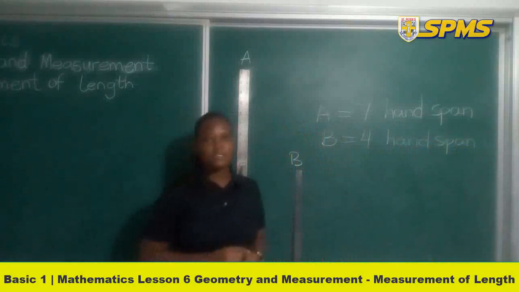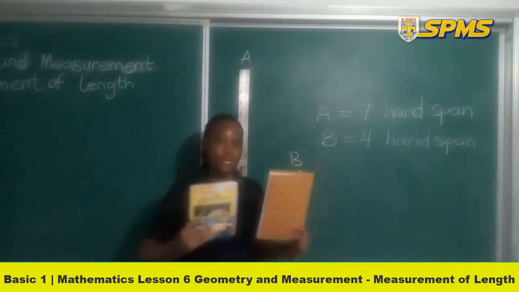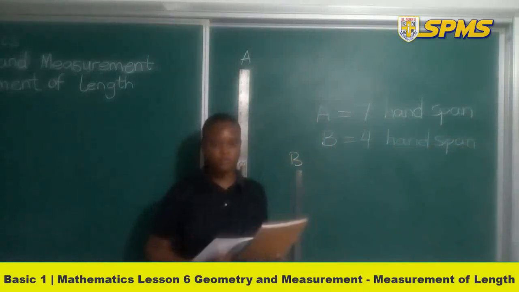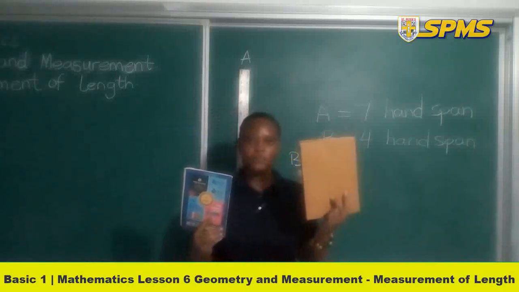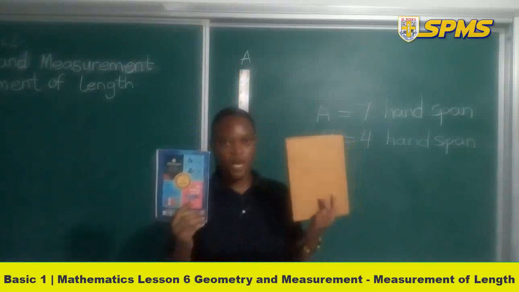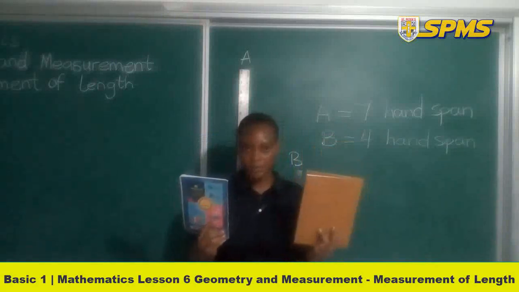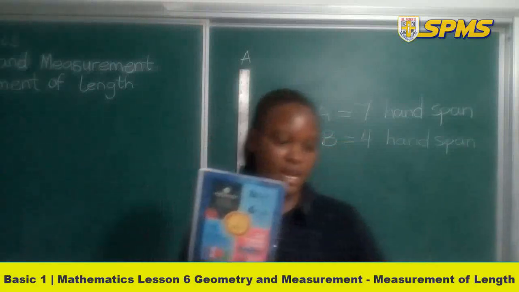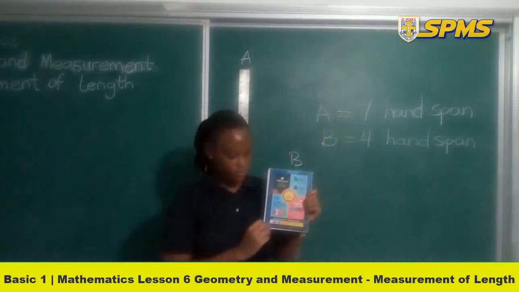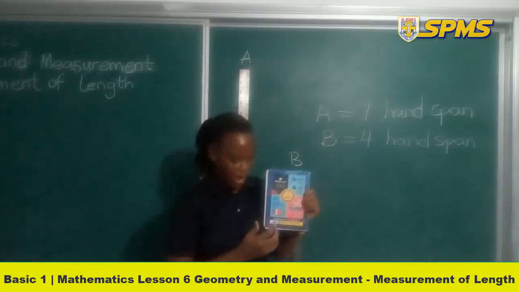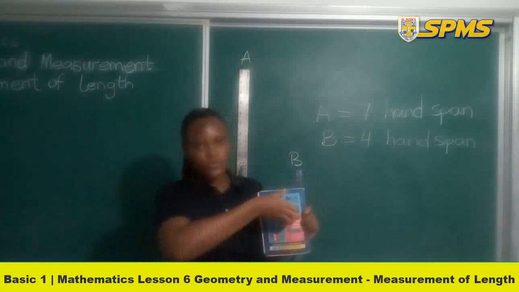Now let us compare these two objects as well. So this is object A and then object B. We are still using our hand span to measure. Let us take object A. Let us measure using our hand span. 1, 2.